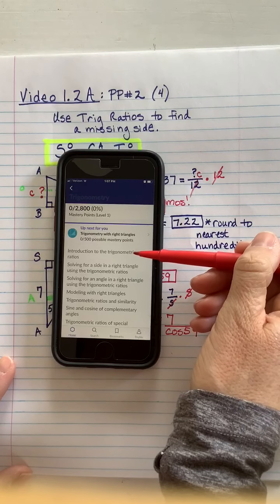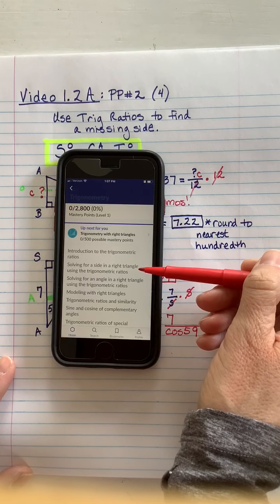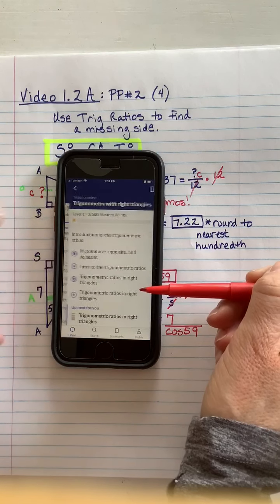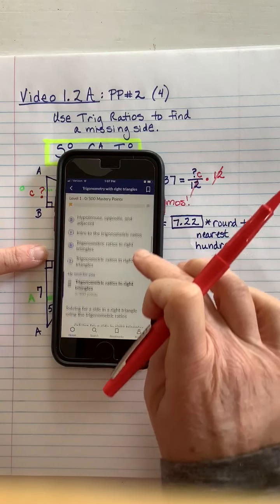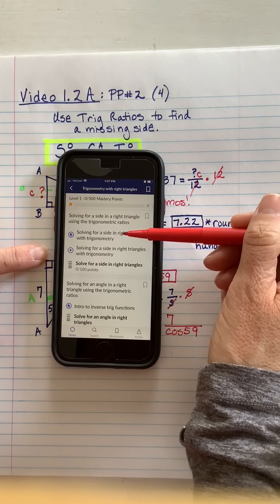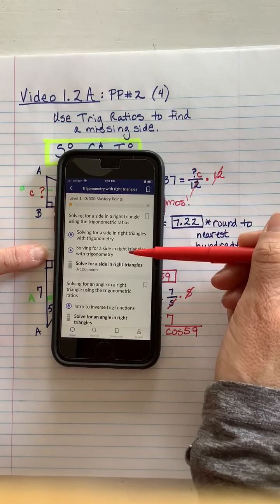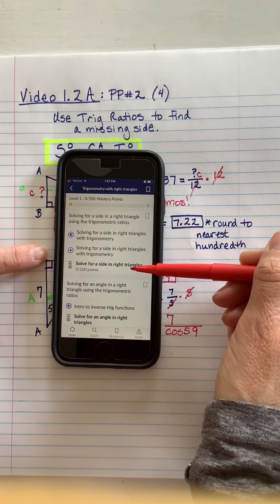We already did this one, Introduction to the Trig Ratios. Now we're doing solving for a side using the trig ratios. We're missing a side. So there's your intro, you already did that, hopefully. Now here's solving for a side. There's your notes sheet. There's another video in case I didn't make any sense to you whatsoever. And there's your practice problems.